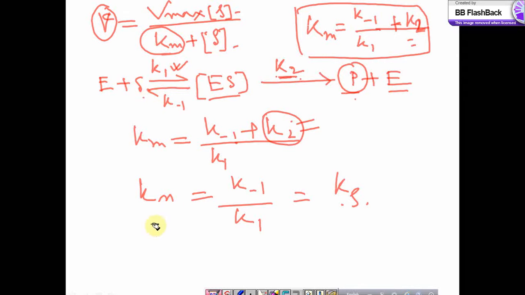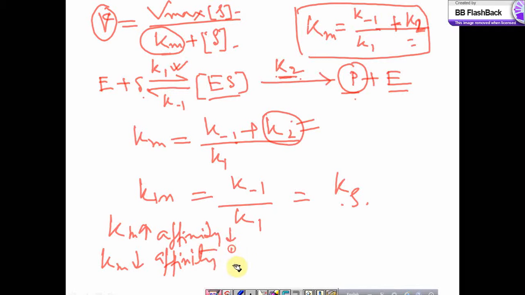So what does this Km value indicate? When the Km value increases, the affinity of the enzyme for the substrate decreases. When the Km value decreases, the affinity of the enzyme for the substrate increases.